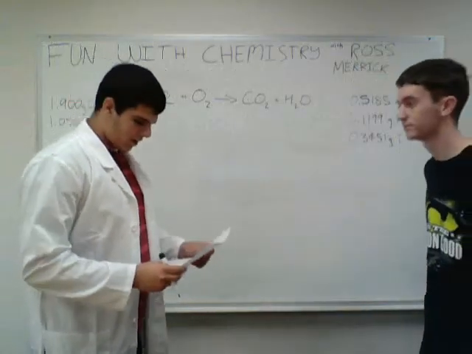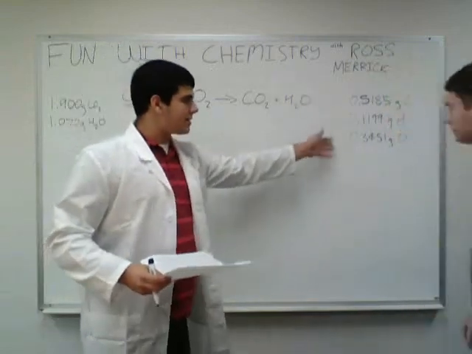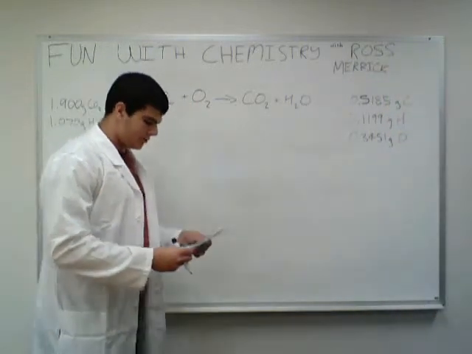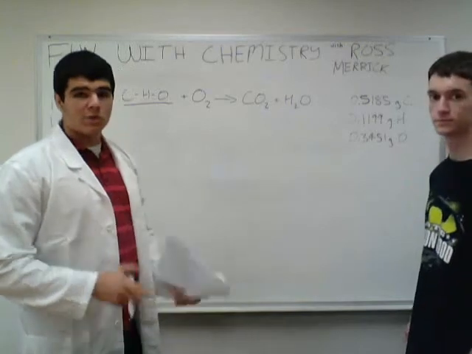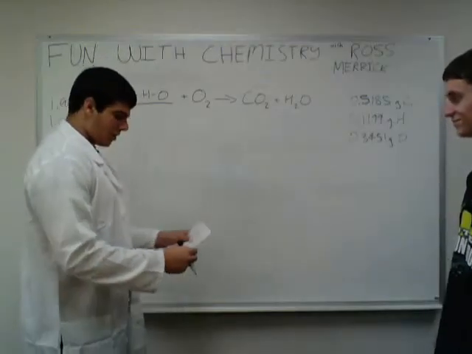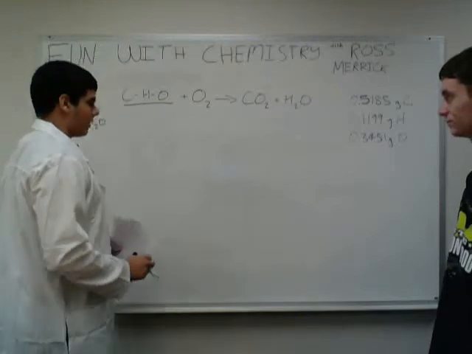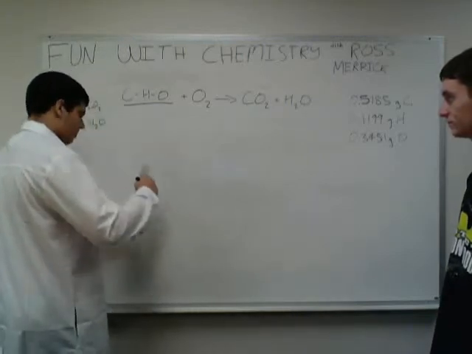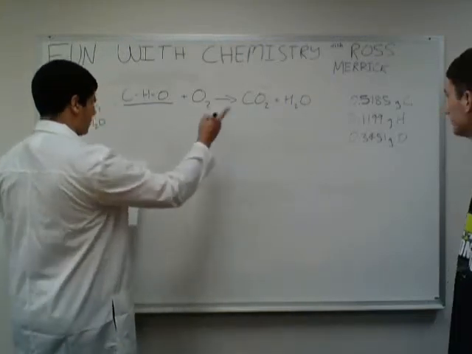Now that we have solved for our masses of carbon, hydrogen, and oxygen, we must convert them into moles because moles are universal. Then we can find our ratio of carbon, hydrogen, and oxygen to create our empirical formula. First, let's start with carbon.